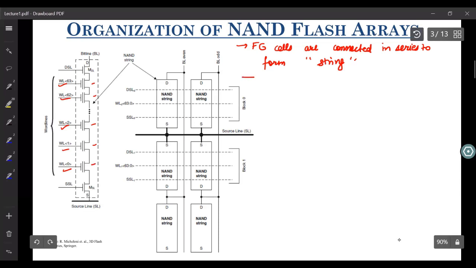And at the top, that is towards the bit line, and at the bottom, that is towards your source line, we have two select transistors.